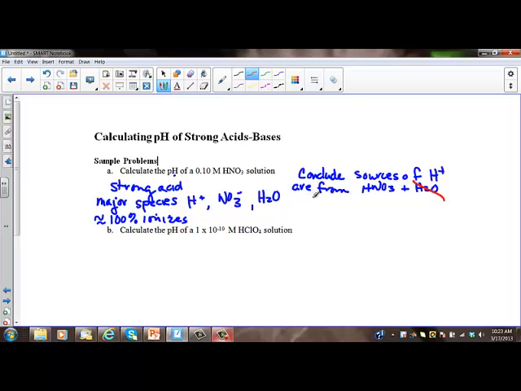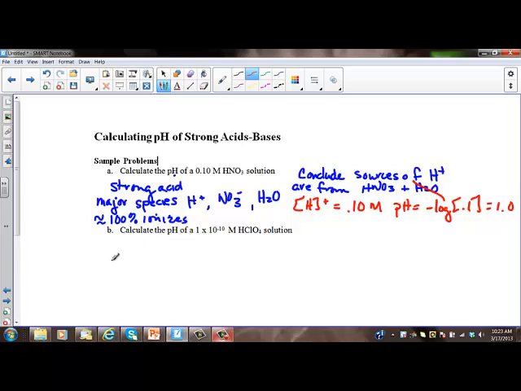You want the ones that are going to contribute the most. So if I have an H plus concentration equal to 0.10 molar, then my pH is equal to the negative log of 0.1, which is going to equal 1.